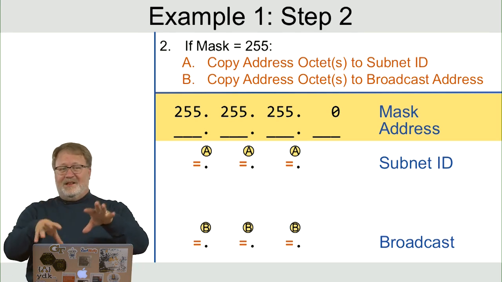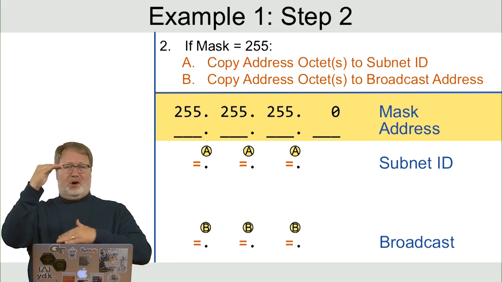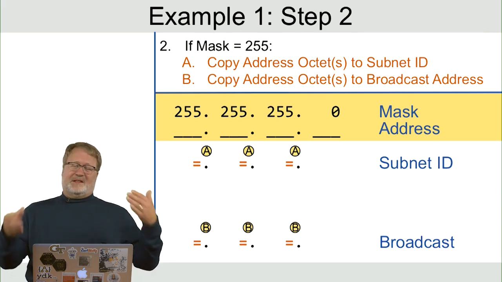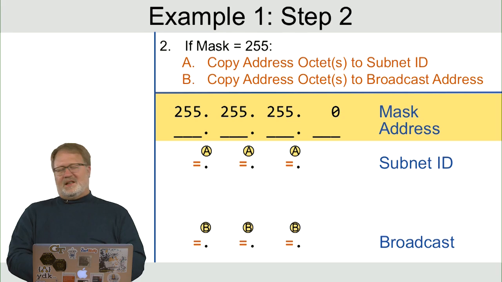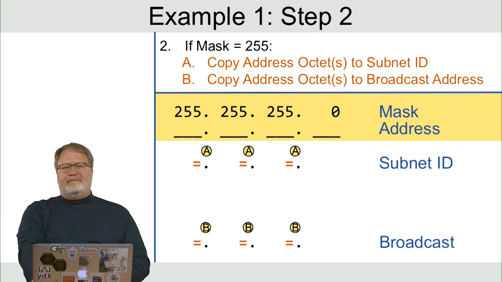By the way, 2A and 2B are copied directly out of the big long eye chart of everything you need to do for the process. So we copy the address octets to the subnet ID, and we copy the address octets to the subnet broadcast address. Those equal signs just mean we copied the address.